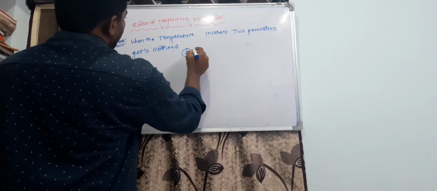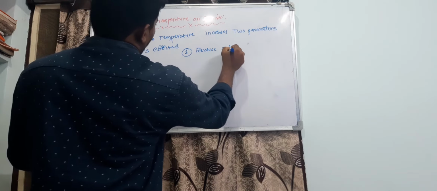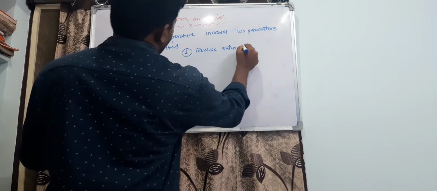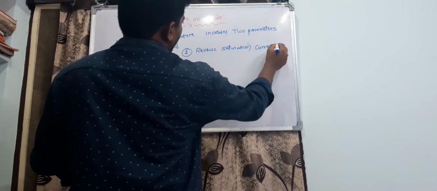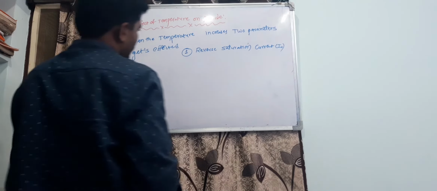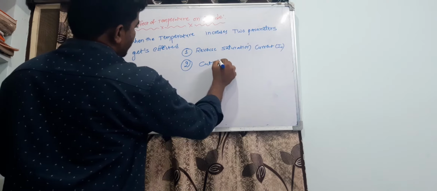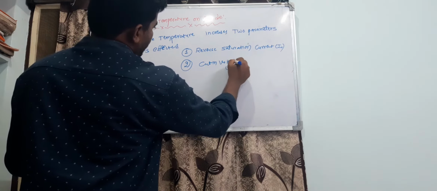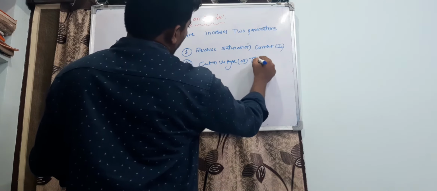One parameter is reverse saturation current, which is denoted by I naught, and the second one is cut-in voltage, also called threshold voltage.